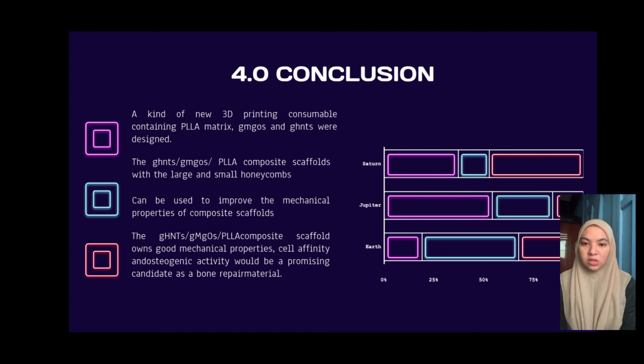GMGOs and GHNTs can be used to improve the mechanical properties of composite scaffolds, including tensile and compressive properties, and promote cell adhesion, migration, proliferation, and osteogenic differentiation on the scaffolds. The GHNTs/GMGOs/PLLA composite scaffolds own good mechanical properties, cell affinity and osteogenic activity, and would be a promising candidate as a bone repair material.